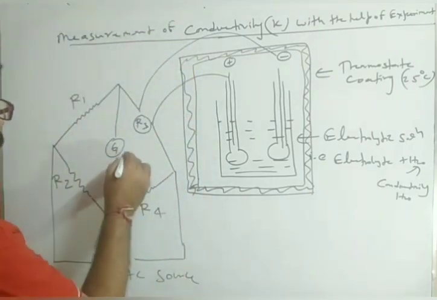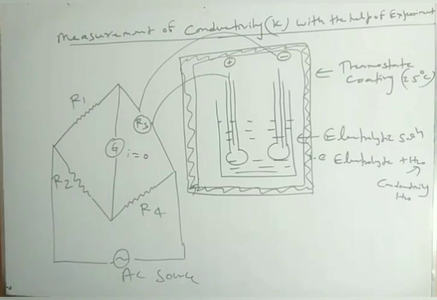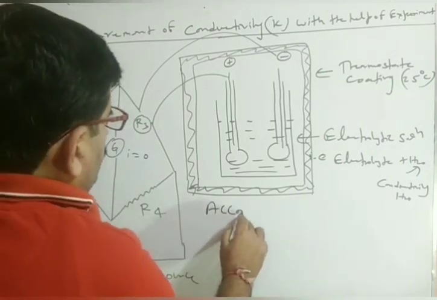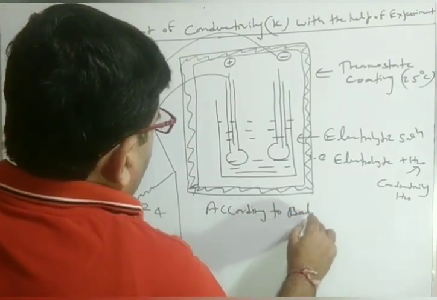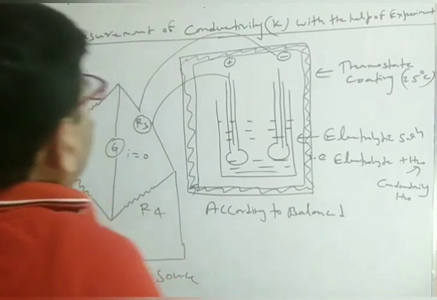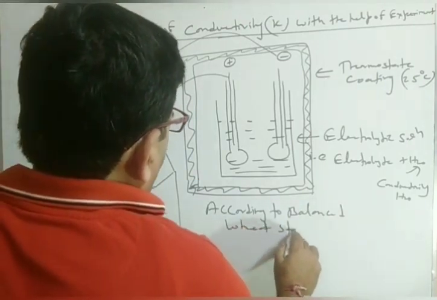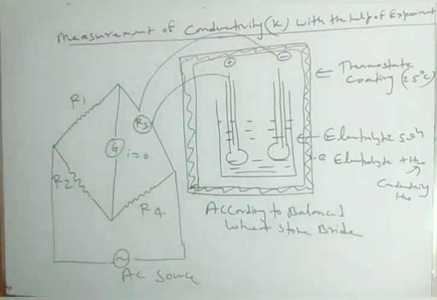That is, the current passing through is equal to what? 0. So according to the balanced Wheatstone bridge, we can write what?